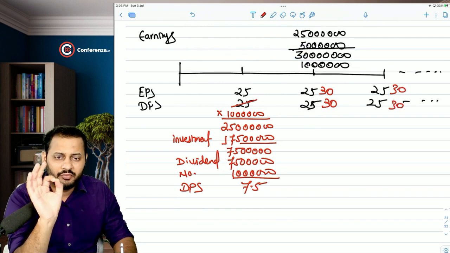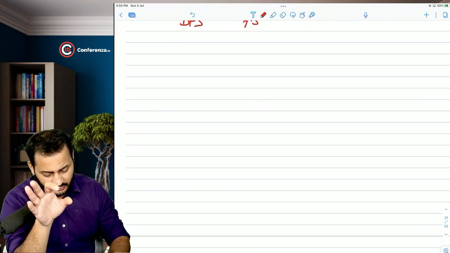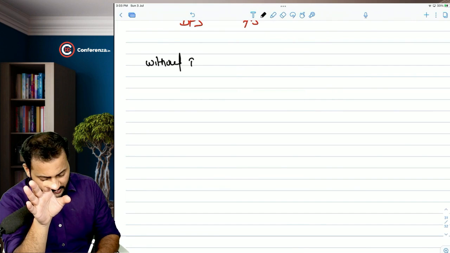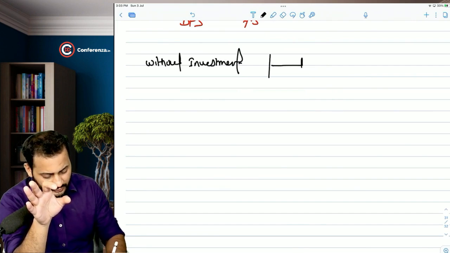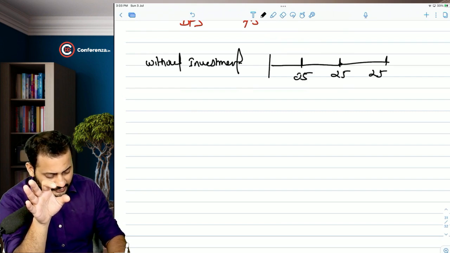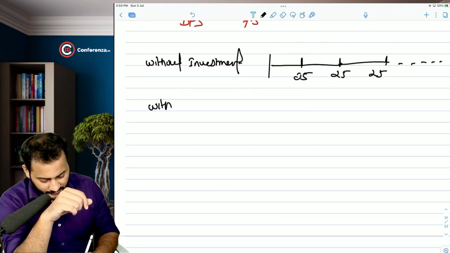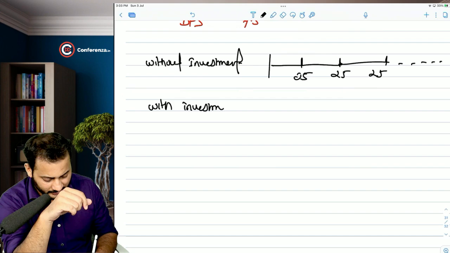So you have two options all in all. One, without investment: as an investor, you will get 25 rupees each year and it will continue. But if you go with investment, what will happen as an investor?